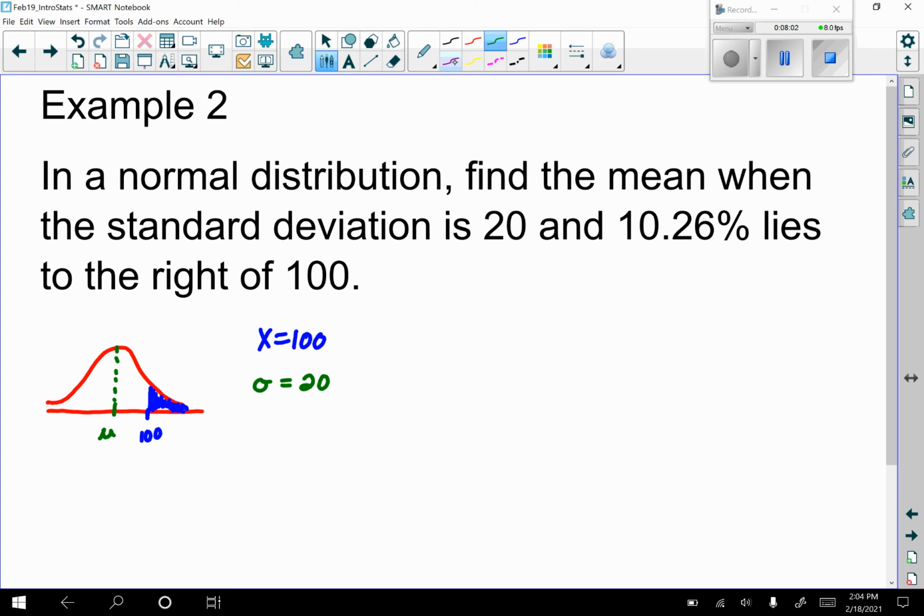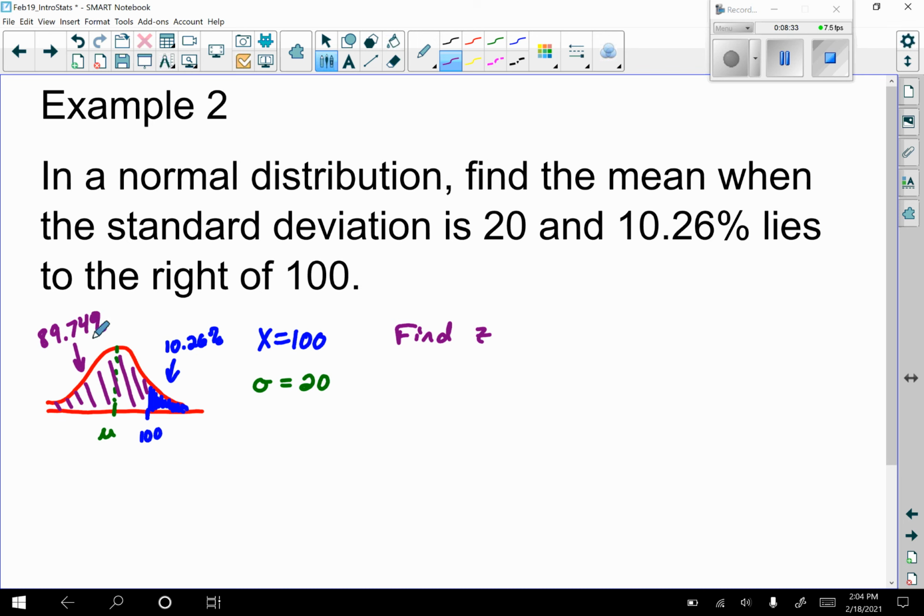So we want to find what z value 100 turns into. So we're still going to find z. But remember, our calculator takes the area to the left. So if this is 10.26%, we need to find what percent this area is. And all we have to do is subtract 10.26 from 100, right? So go ahead and do that. Then we should be getting 89.74%.